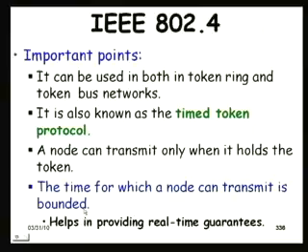And this bound helps in providing real time guarantees, because in the worst case every node will hold the token for its own bound. So, that will give us an indication of how long a message might have to wait in the worst case.